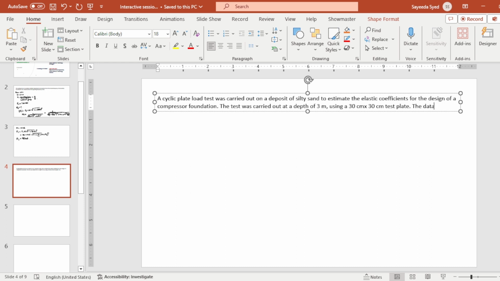The data obtained was, I'll insert a table, as given below.